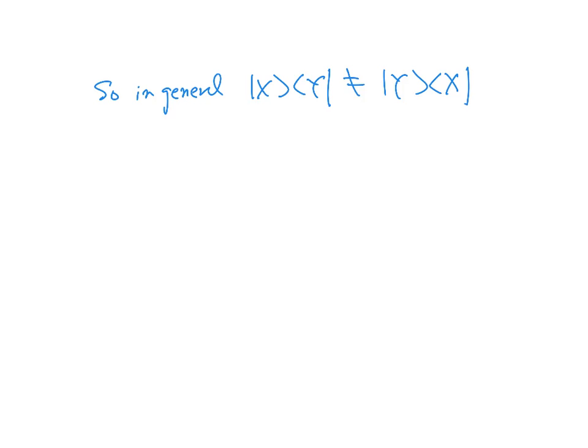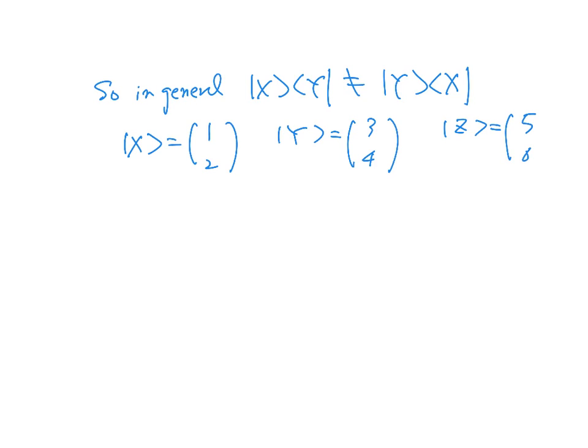Okay, a simple example: x is 1, 2, y is 3, 4, z is 5, 6. And let's try to calculate the outer product of x and y, multiplied by z. So this is the outer product of ket vector x and y, and then we multiply this n by n matrix by z, right?